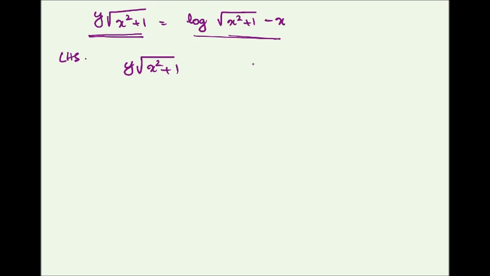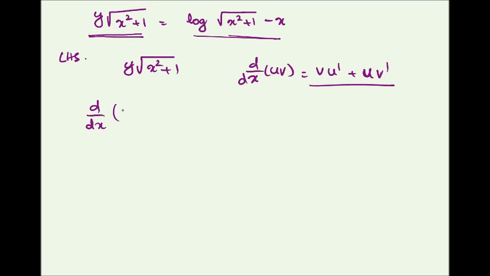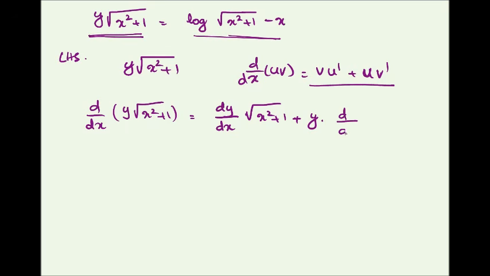We know that d/dx of uv is equal to v u' plus u v'. So d/dx of y√(x²+1) equals dy/dx into √(x²+1) plus y into d/dx of √(x²+1).